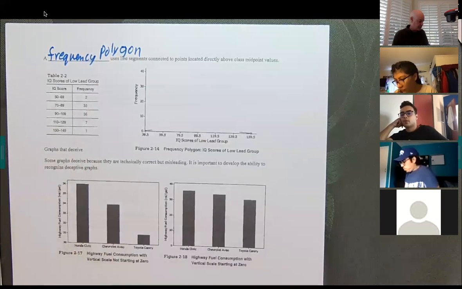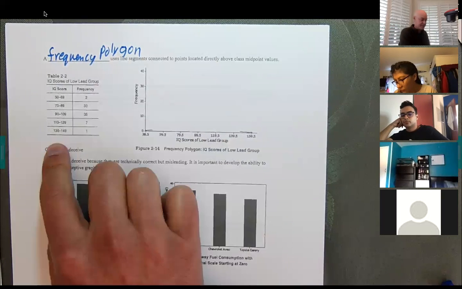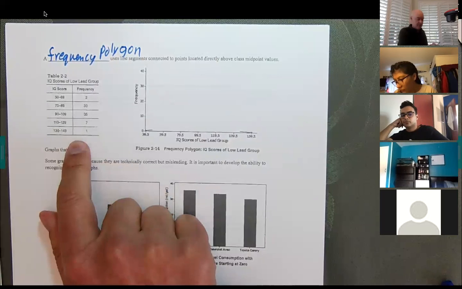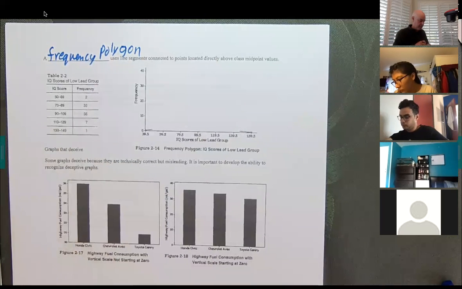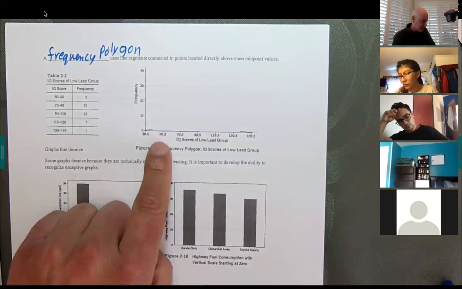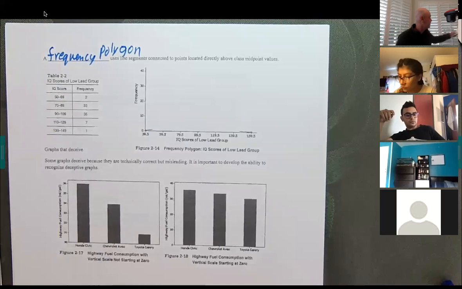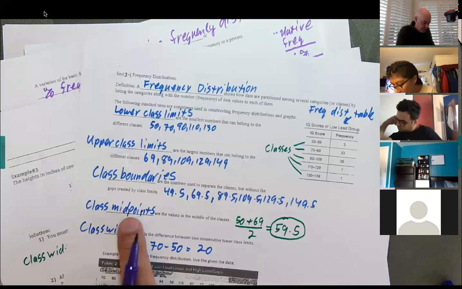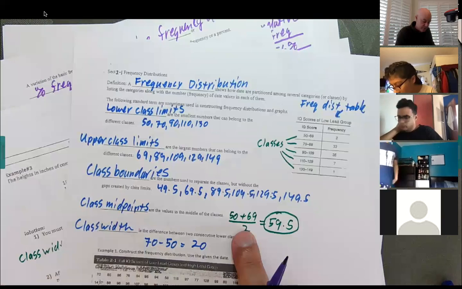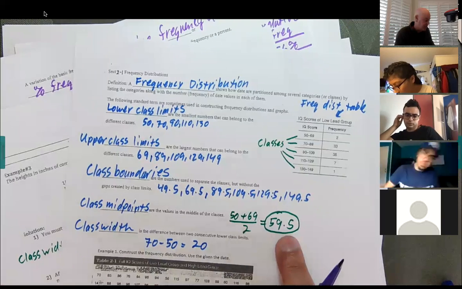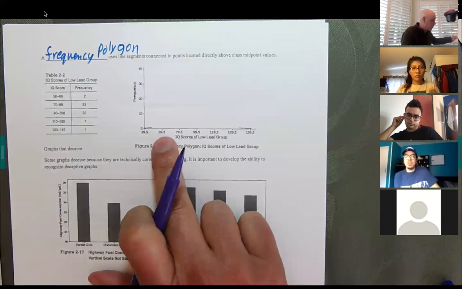And we are back to our table. This is the same IQ table that we've been using all day. What we're taking are the class midpoints. We did that at the beginning. Class midpoints, if you remember, you add up the two, divide by 2 to get the class midpoint. And there's our 59.5 there.